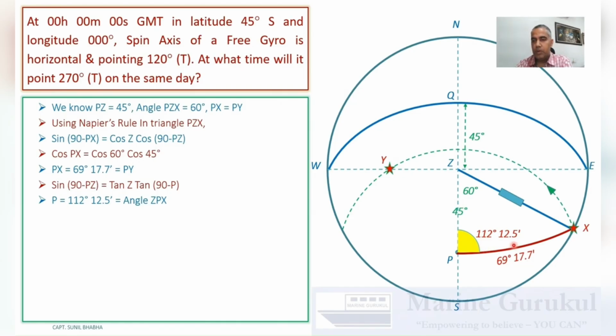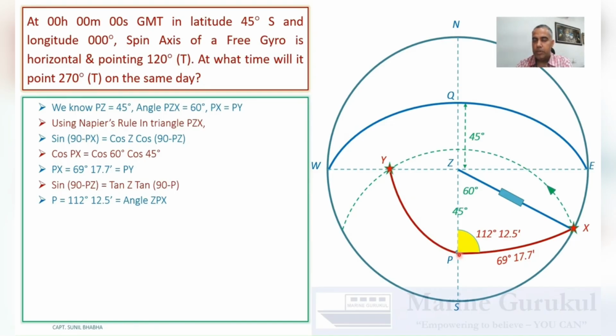This is also a simple application of Napier's rule. Now we have identified the star at 270 bearing at point Y. Let us now draw the celestial meridian of the star at point Y. You can see Papa to Yankee, P to Y, shows us the celestial meridian of the star.